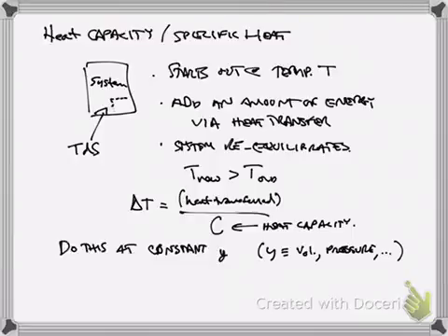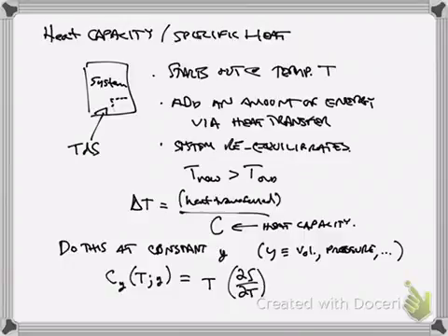Rearranging things a little bit, the heat capacity at constant y, which can depend on the temperature and obviously has to depend on whatever I'm holding constant, is given by T partial S partial T at constant y. That's just the differential form of this expression up here.